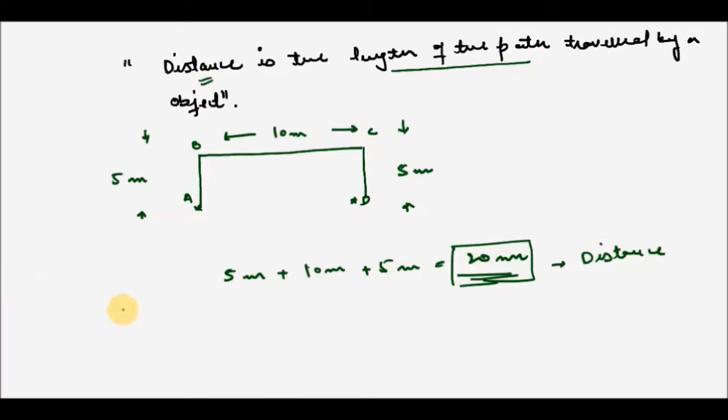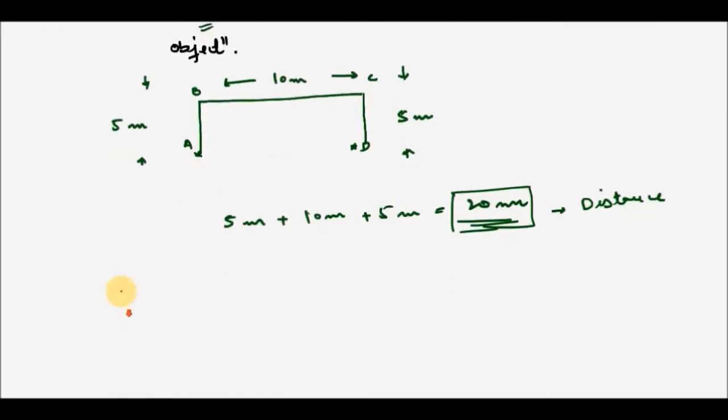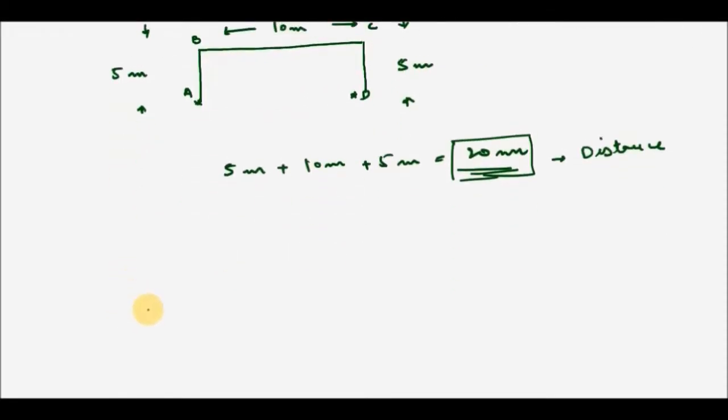Now let me talk about a few points on distance. First is that distance is a scalar quantity. Now you must know what a scalar quantity means. A scalar quantity is that quantity which only has a magnitude and has no direction.